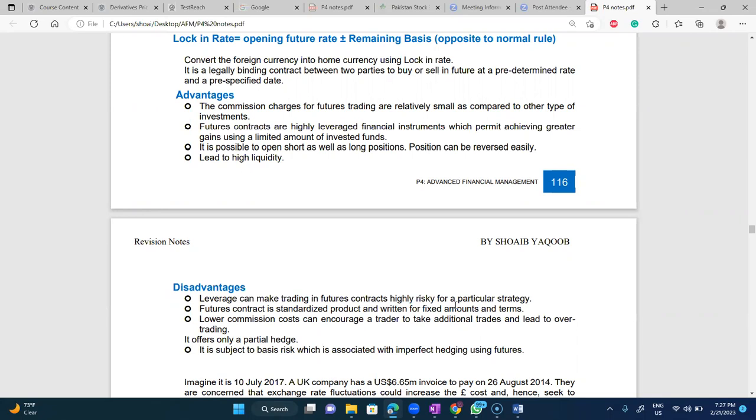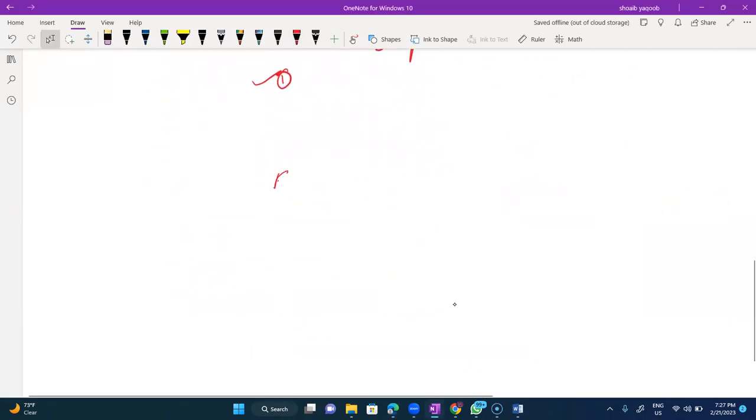Future contract is standardized product and written for fixed amount in terms. Lower commission cost can encourage a trader to take additional trades and lead to over trading. And the major disadvantage is it is subject to basis risk. So you need to remember, do the comparison forward, future, pros, cons.